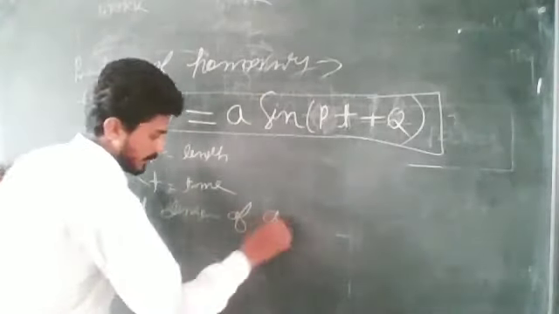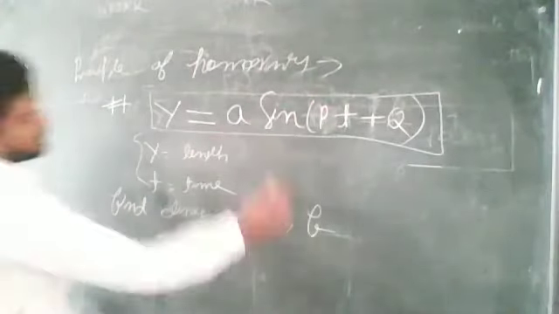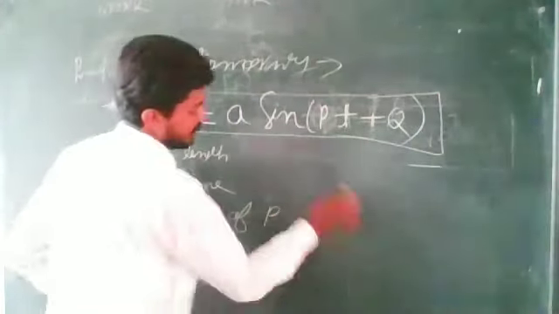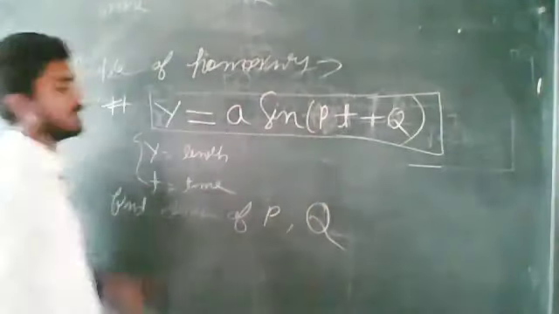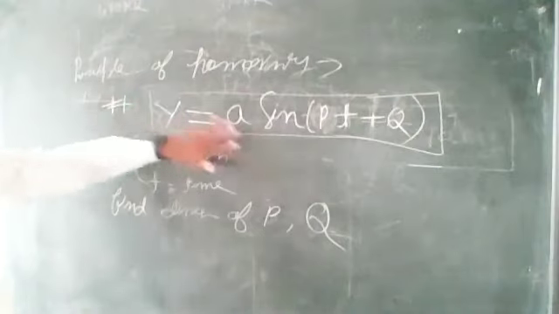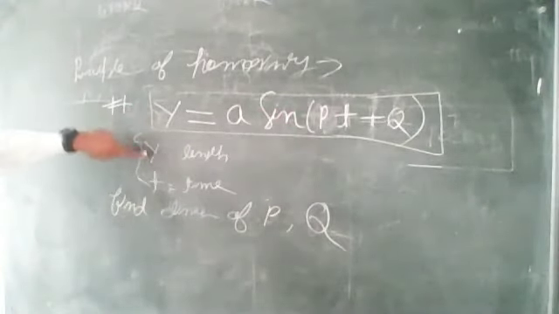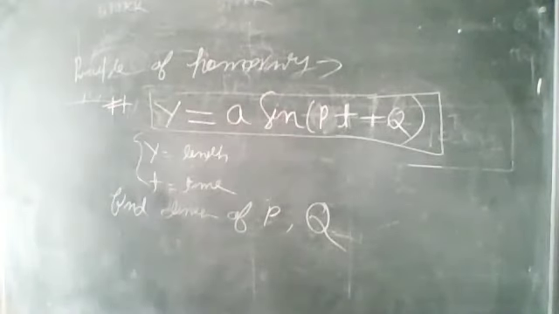Then find the dimension of P and Q. I repeat the question again. The given is y is equal to A sine pt plus Q. Here y is the length and t is the time. Then find the dimension of P and Q. This is the question. Give me your answer.